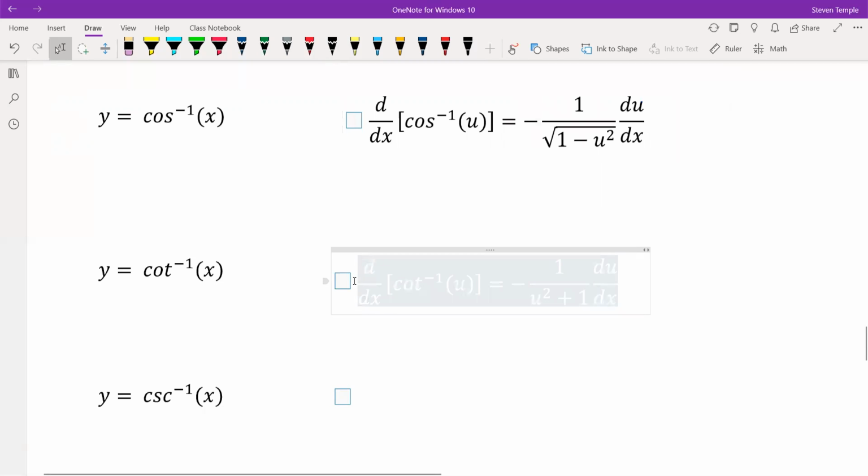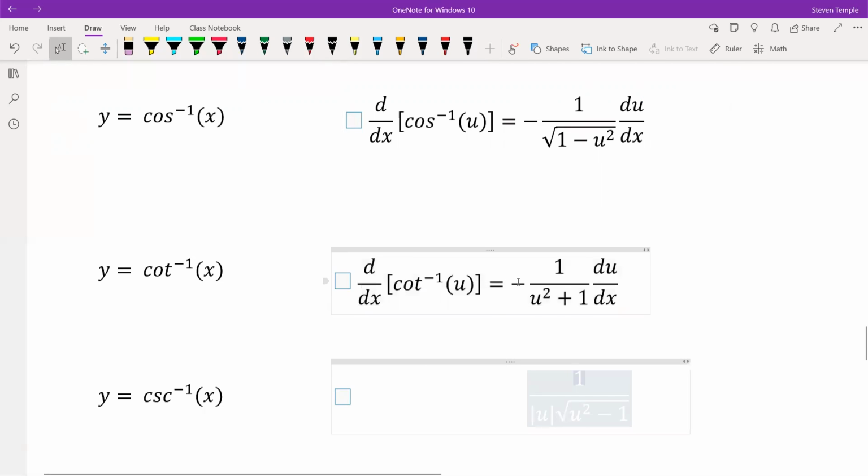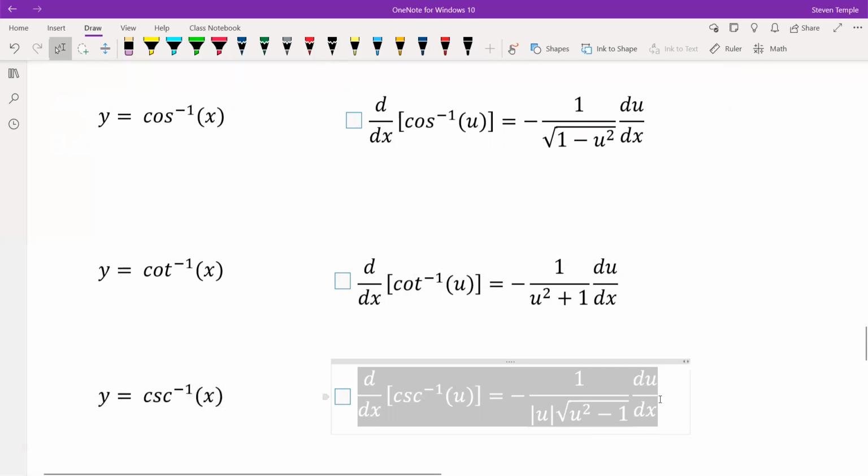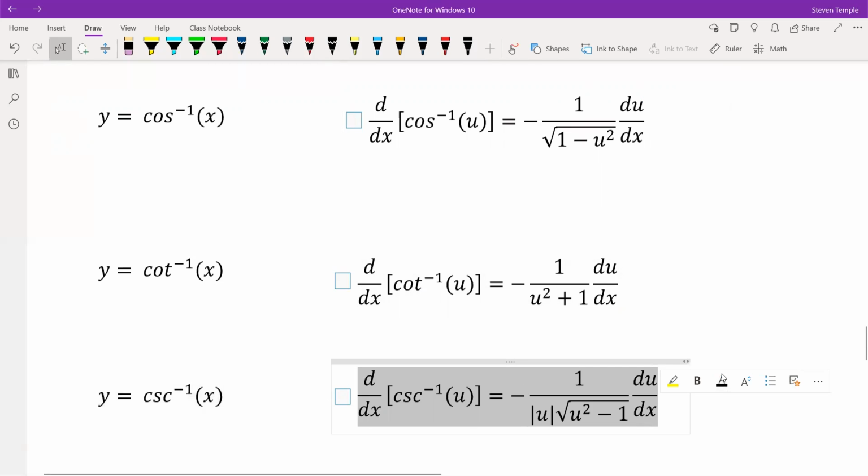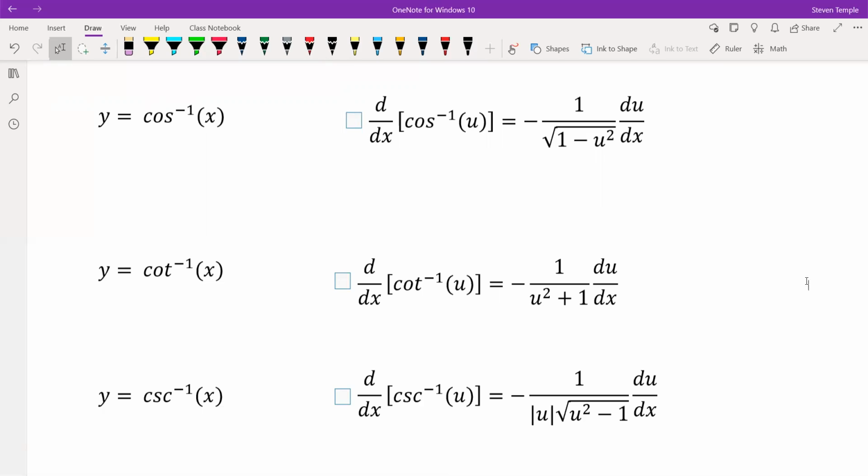Inverse cotangent is the exact same thing as inverse tangent, but with a negative sign. And finally, inverse cosecant is the exact same thing as inverse secant, but with a negative sign. So anything with the C is going to be the opposite.